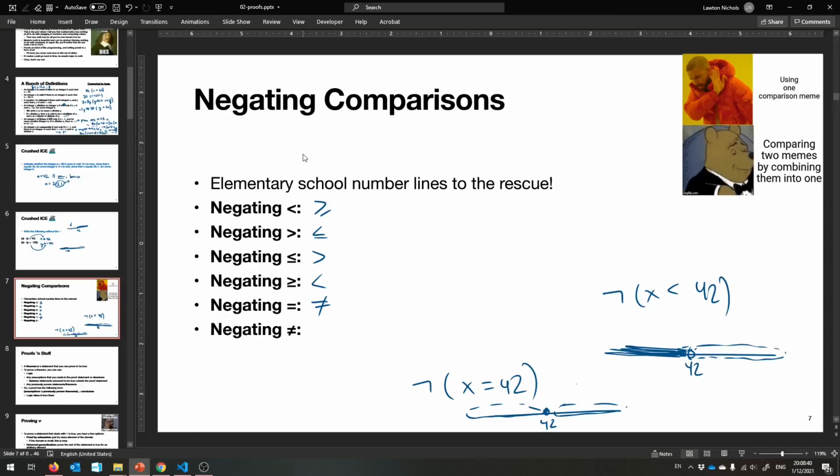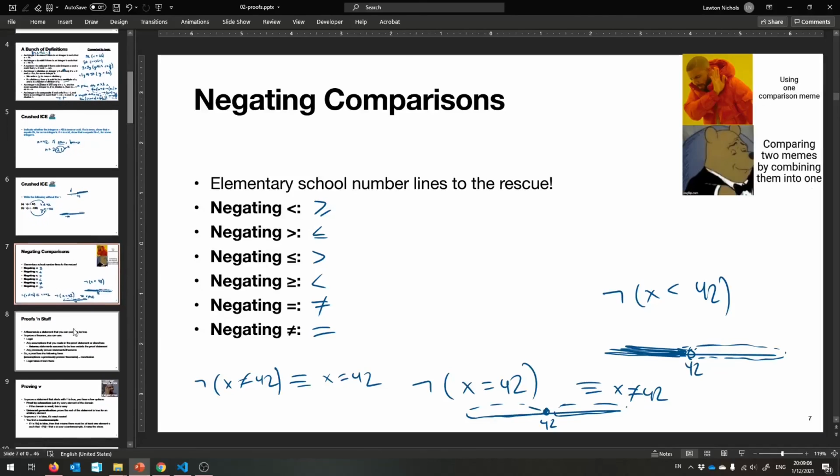That means x is not equal to 42. That's how you get rid of the negation with numbers. And if you think hard enough about it, it becomes equal. If it's not true that x is not equal to 42, that means that x is equal to 42 after all. So that is how you negate comparisons, and it is super fun stuff.